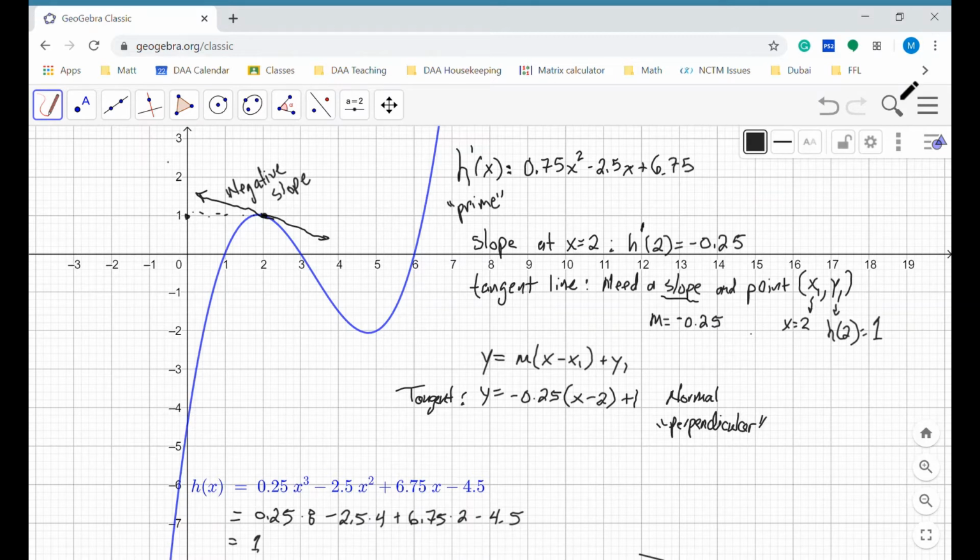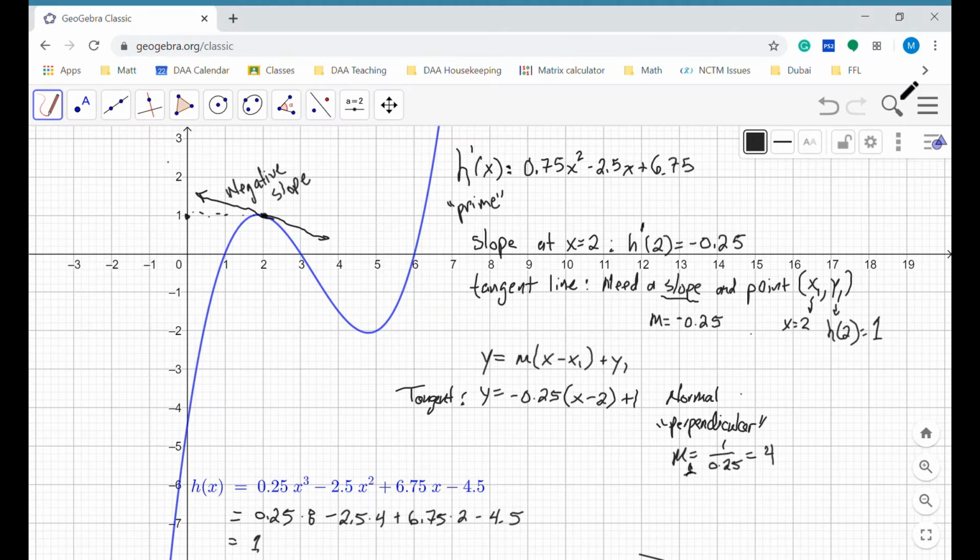So the slope of your perpendicular line will be the opposite, so reciprocal of that. So instead of negative, it'll be positive. So it'll be 1 divided by 0.25, which is 1/4. So this is just going to give us a 4. So our perpendicular slope, I'll use that perpendicular symbol here to the best of my ability.